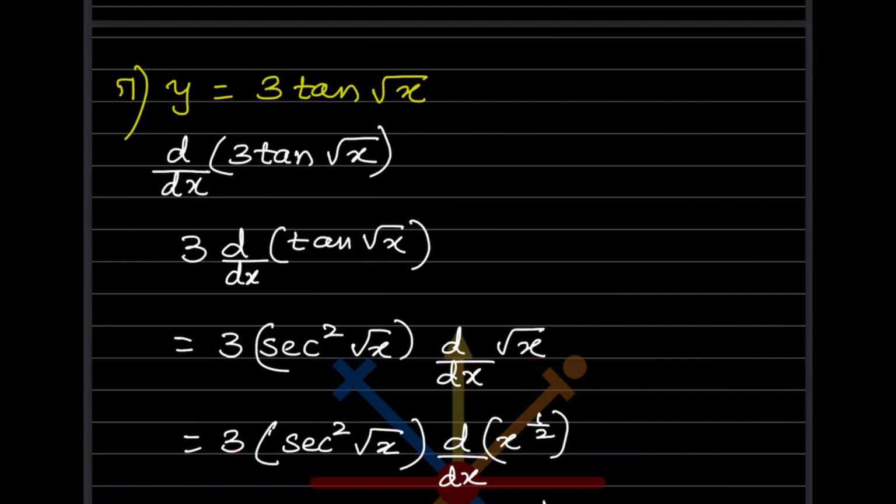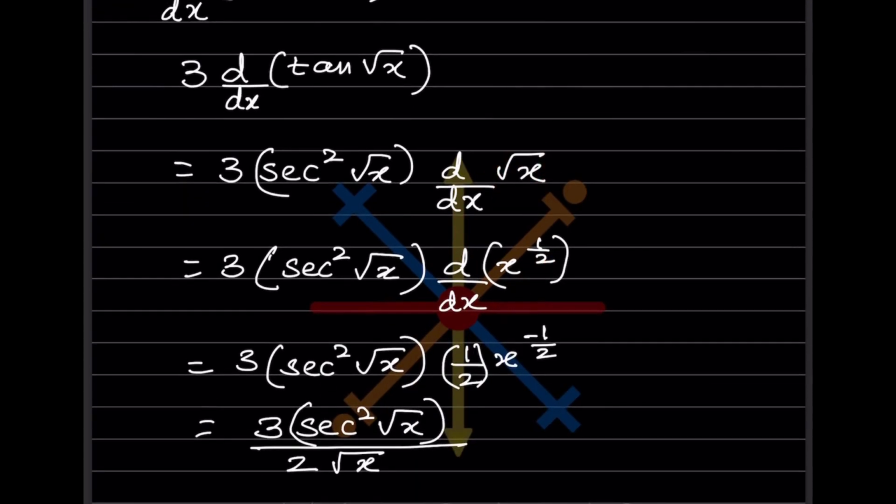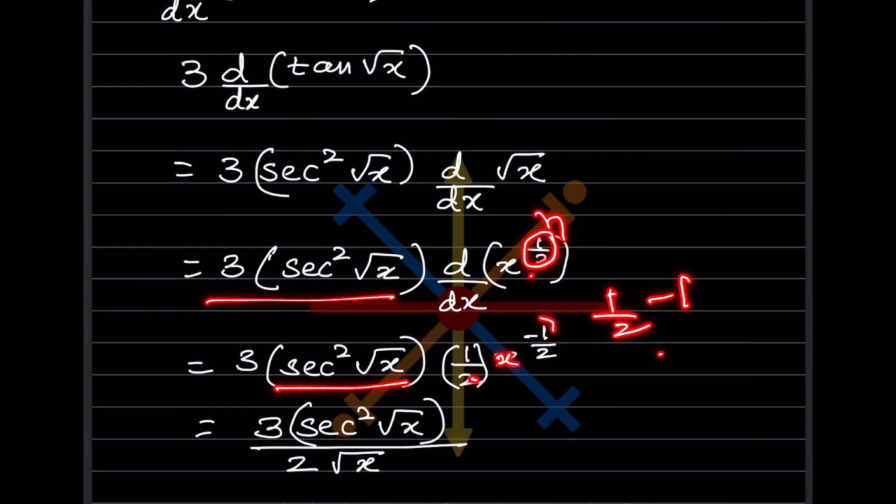So 3 we can write here, this is the same, and when we take the derivative of the root, we will remove the root sign, so that will be x raised to 1 by 2. Now this is n, so this will be 1 by 2 x raised to 1 by 2 minus 1, that is going to be minus 1 by 2.